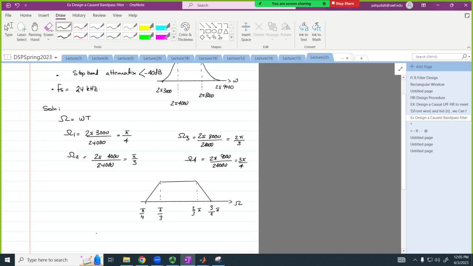Okay, so we're going to calculate two frequencies. Since there are two transitions, I'm going to calculate omega center 1 and omega center 2. Omega center 1 is going to equal the average of omega 1 and omega 2, which is 7 pi over 24. And omega center 2 is the average of omega 3 and omega 4, which is going to equal 17 pi over 24.